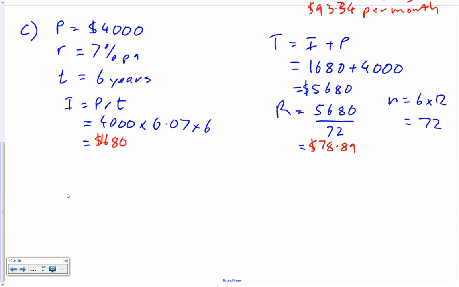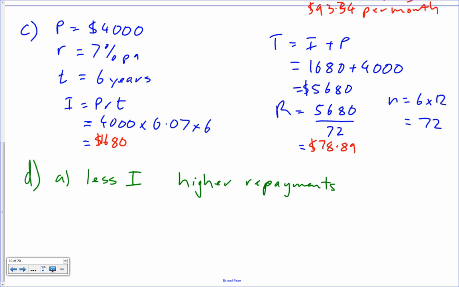So for part D, it asks us which is better. So I'm not going to tell you necessarily. So for A and B, we've got less interest, higher repayments, shorter time.